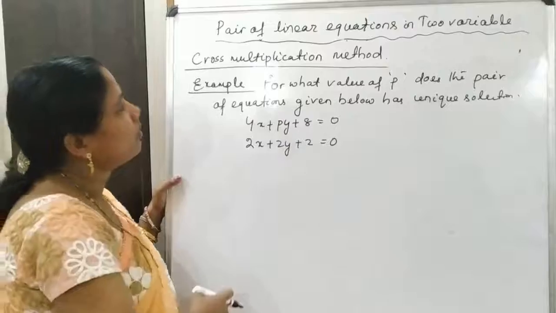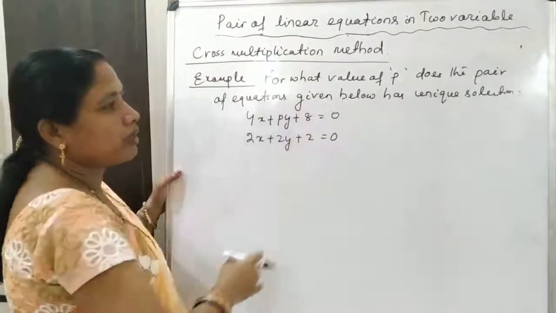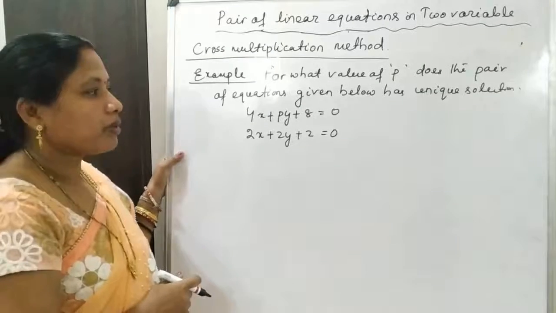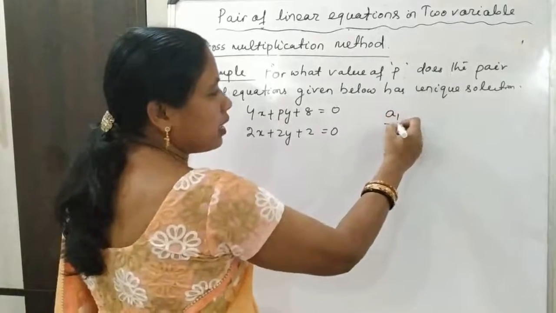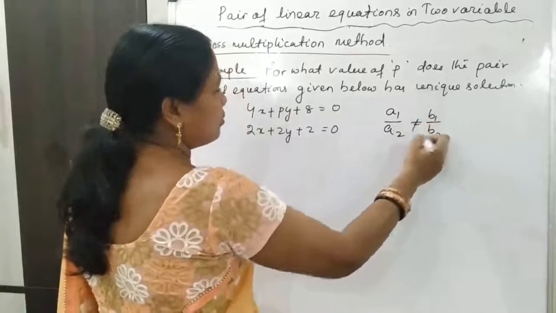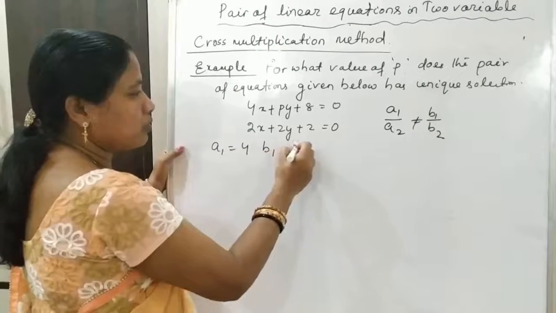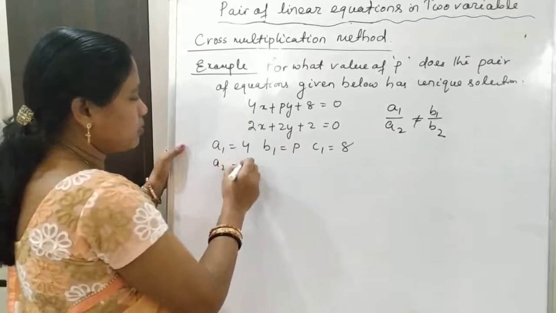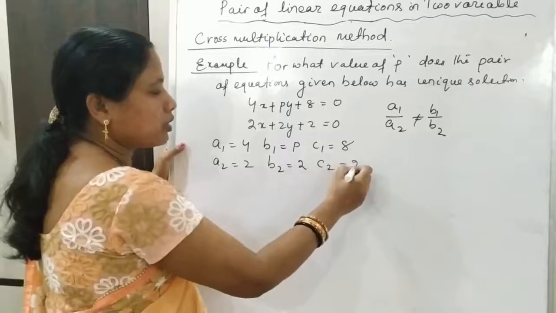Next example. For what value of p does the pair of equations given below have a unique solution? So for unique solution, first remember the condition. The condition for unique solution is A1 by A2 is not equal to B1 by B2. So here A1 is equal to 4, B1 is equal to p and C1 is equal to 8, and A2 is equal to 2, B2 is equal to 2 and C2 is equal to 2.